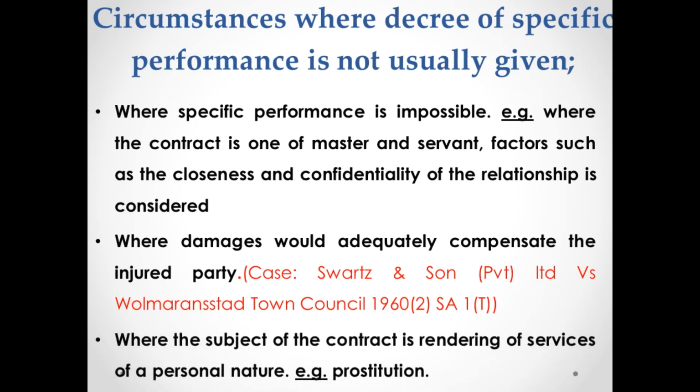Then we have the situation where the contract is for rendering of services of a personal nature, for example, prostitution. The court cannot give a specific performance order for services of a personal nature like prostitution.